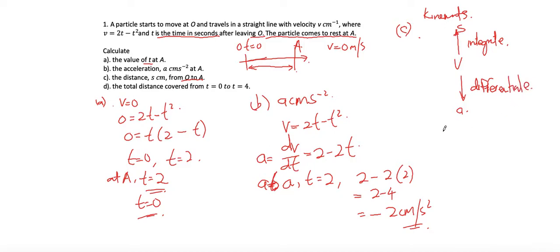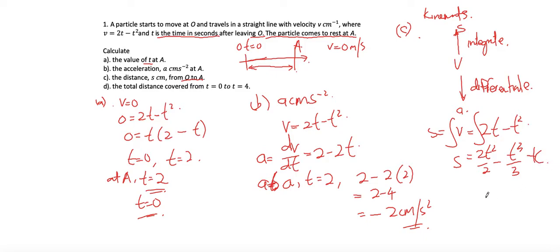So integrate v to find s: it is 2t - t², so it should be 2t² over 2 minus t³ over 3, and remember, you have to plus c, the constant.